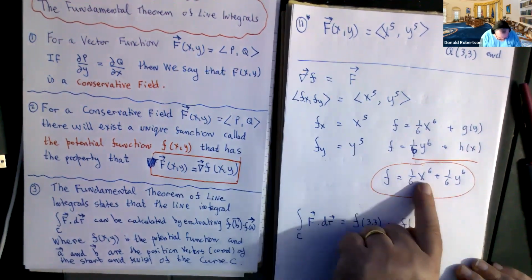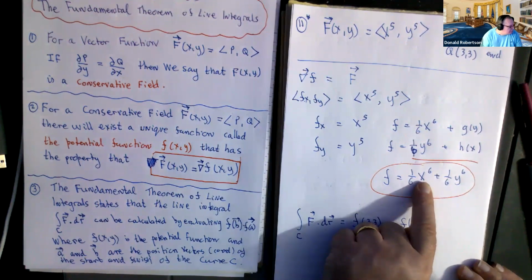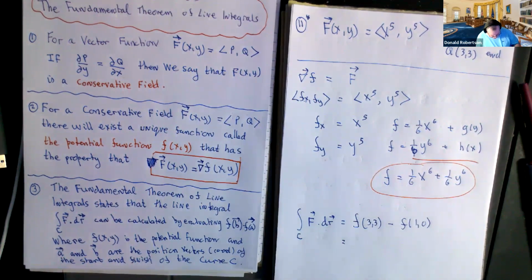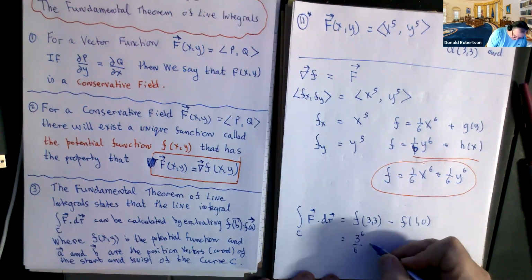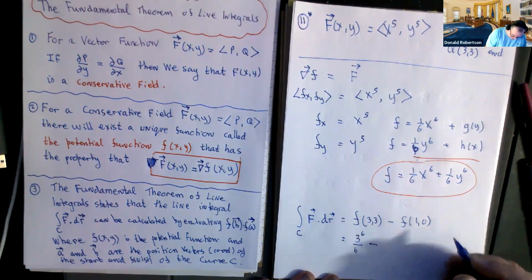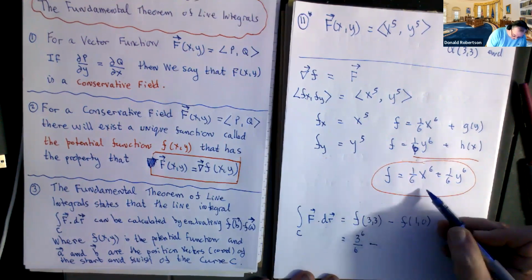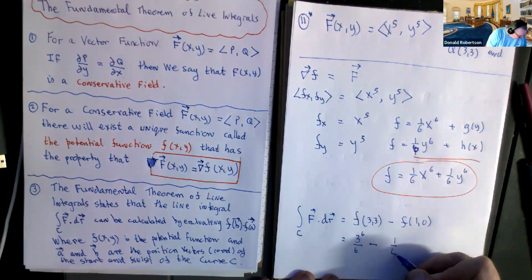If you plug in 3, what a horrible number. Should have thought this out before I did it. 3 to the 6. I'm going to write it down as 3 to the power of 6 over 6. Take away, a much easier answer, 1/6.